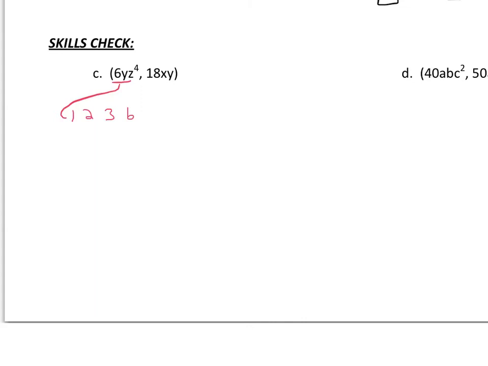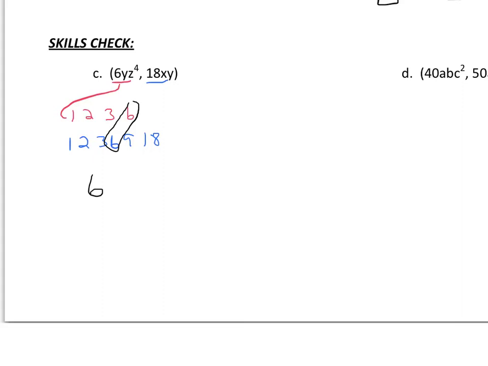Okay, then I'm going to do my next one there and say, what are the factors of that? Well, 1 and 18, 2 and 9, 3 and 6. Now when I look at these two, the largest number that goes into both would be considered 6.